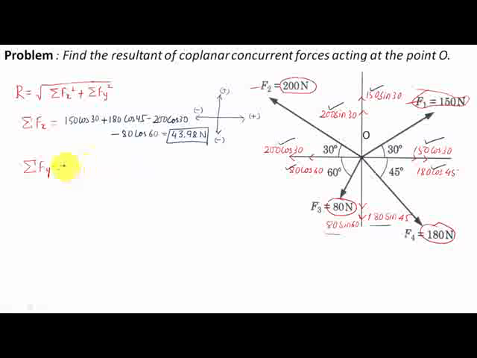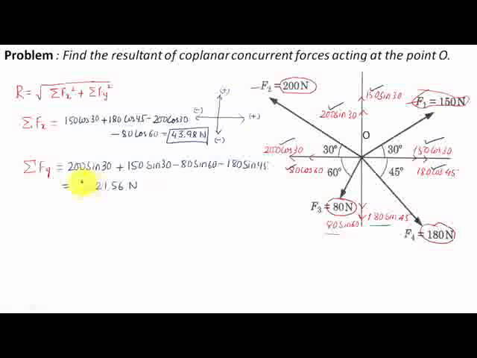Something like this: 200 sin 30 plus 150 sin 30 minus 80 sin 60 minus 180 sin 45. When you put in all these values in a calculator, you're going to get negative 21.56 newtons, approximately, to 2 decimal places.